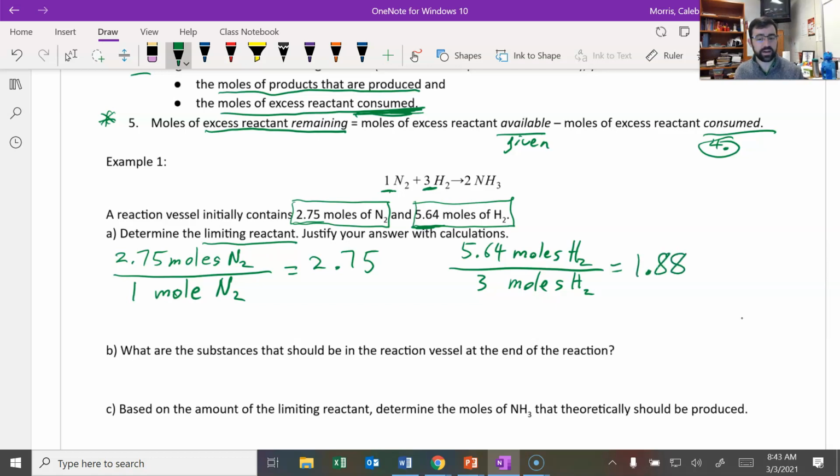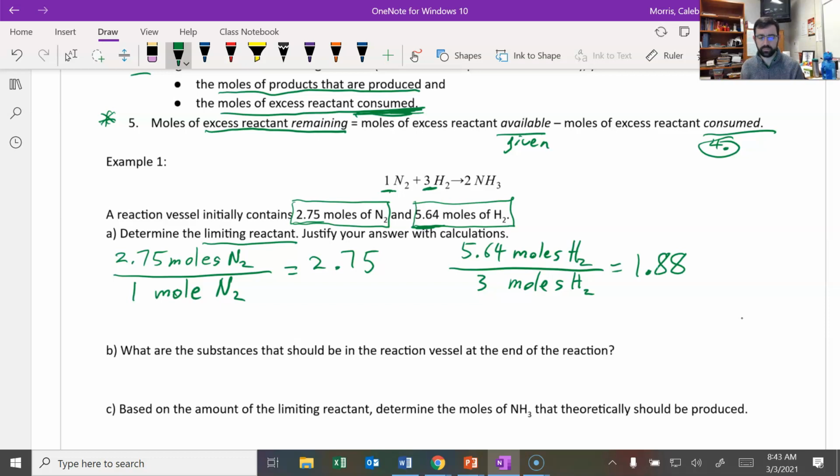It's just moles of reaction. I don't actually write any units for these numbers; if I wanted to, I would say moles of reaction. What I'm looking at is which one produces the fewest batches. That's what these numbers are: the batches, or the times we can do the reaction in terms of moles. So I've got 2.75 or 1.88.